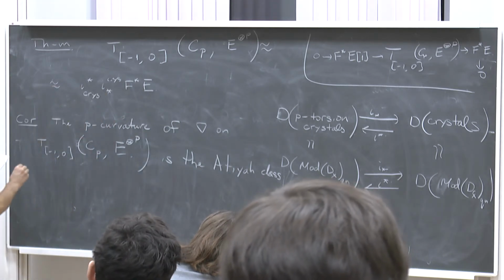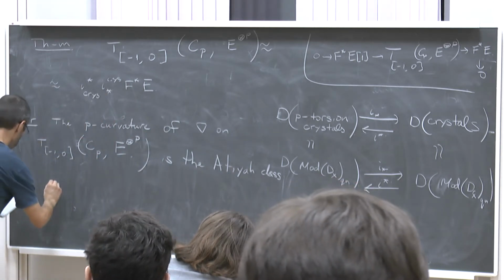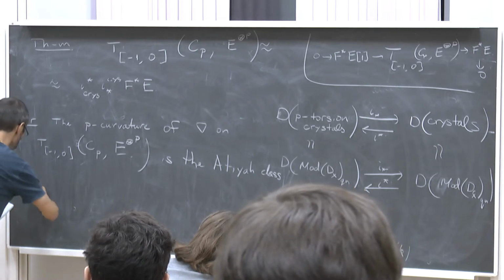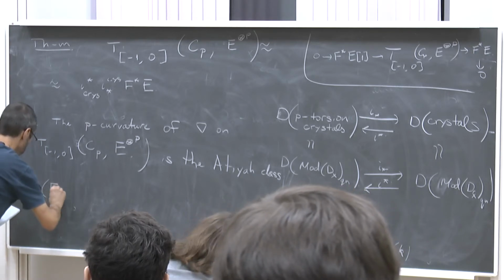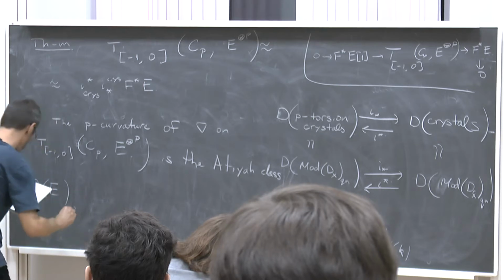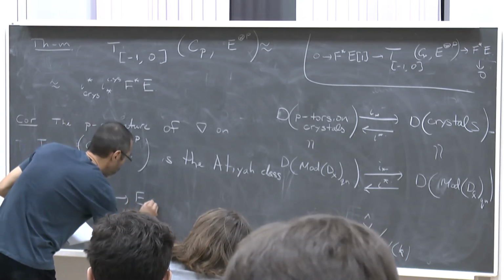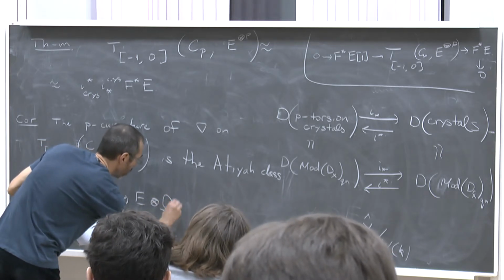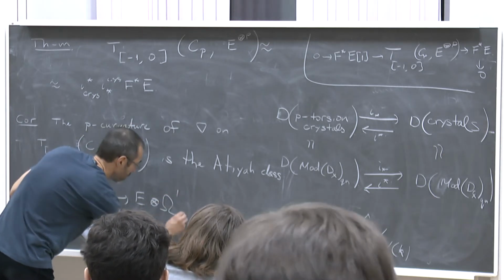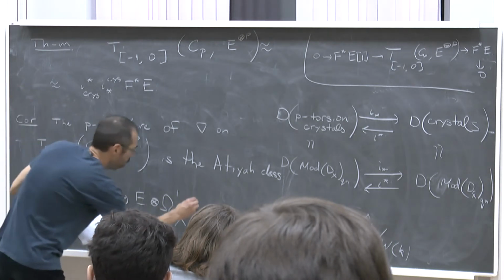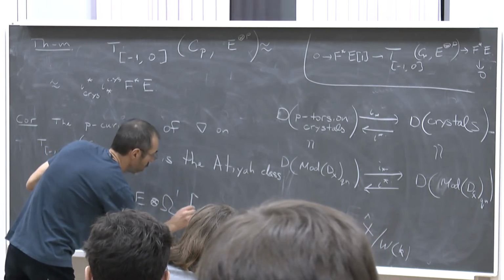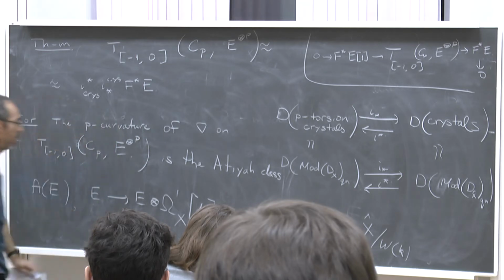So the Atiyah class is a canonical map for any complex. I have a map from E to E shifted by 1, twisted by omega 1.